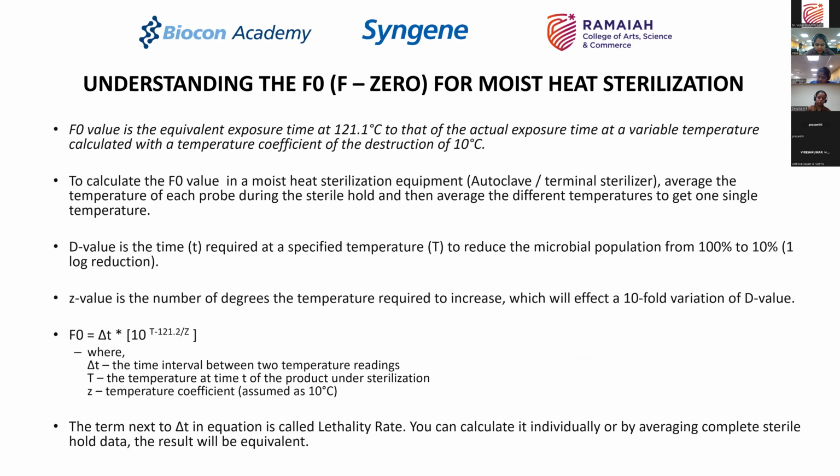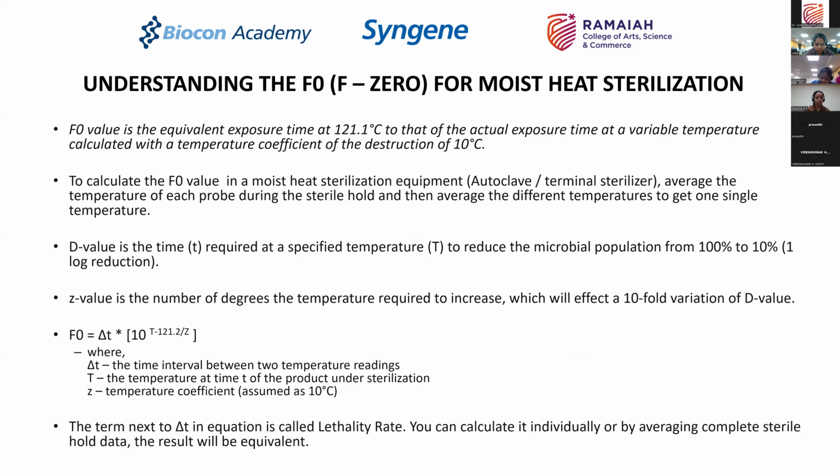So F0 value, it is referred to as F0. It is not the letter O, it is zero. F0 value is the equivalent exposure time at 121.1 degrees centigrade to that of the actual exposure time at a variable temperature, calculated with a temperature coefficient of destruction of 10 degrees centigrade. So this is just a definition.